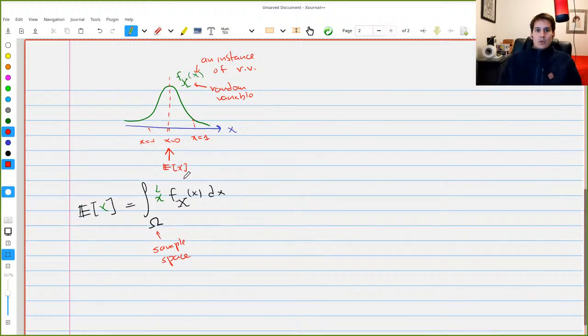But for example, when you do the square of this, okay, so the expected value of, now instead of just x, you put x squared. You're calculating this integral, but with x squared here.